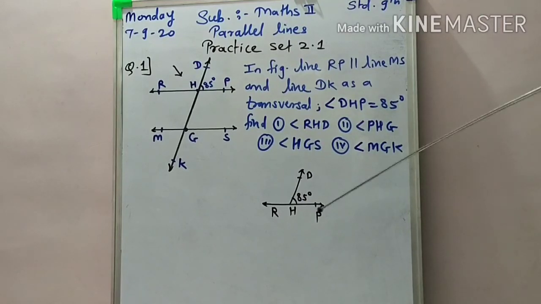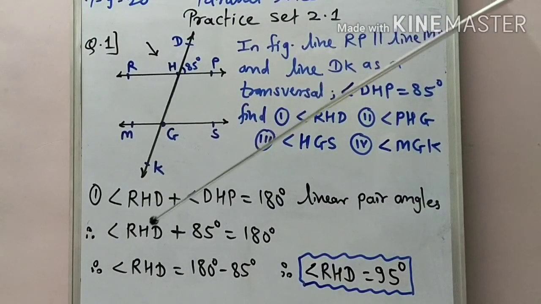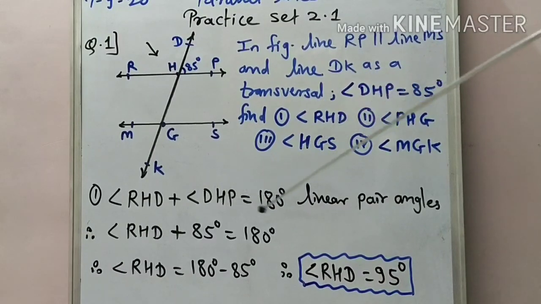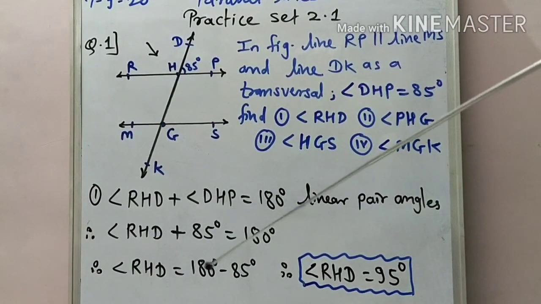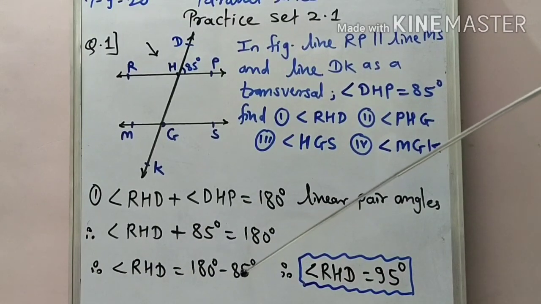Supplementary, which means the addition of these two angles is 180 degrees, and according to that we can find the measure of angle RHD. Pay attention over here. So the measure of angle RHD comes out as 95 degrees. First we take the addition of these two linear pair angles as 180 degrees, and we substitute the given measure of angle DHP as 85 degrees. On subtraction, angle RHD is equal to 180 degrees minus 85 degrees, so the value is 95 degrees.